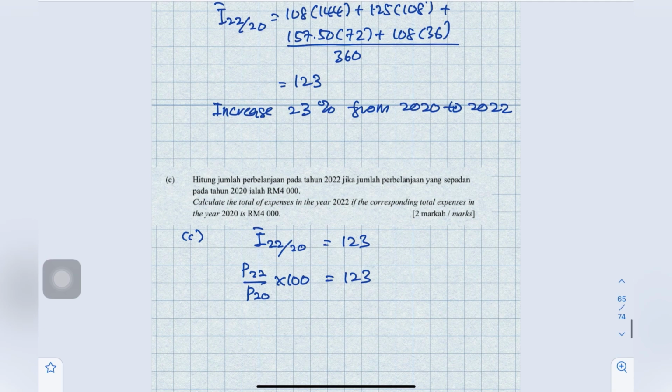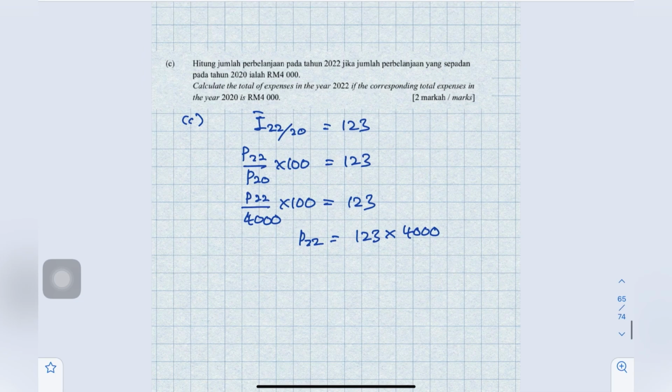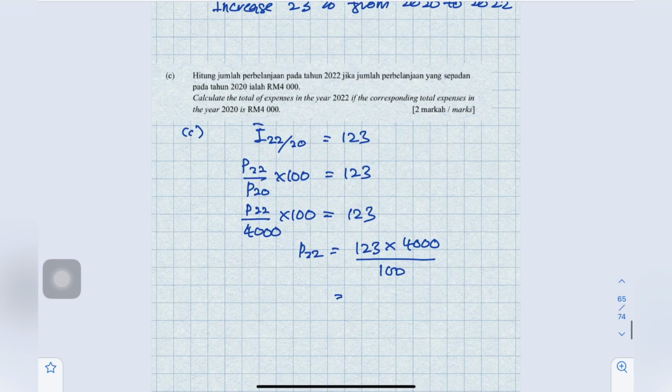Given expenses in 2020 is 4,000, expenses 22 divided by 4,000 times 100 equals 123. So P22 is 123 times 4,000 divided by 100.